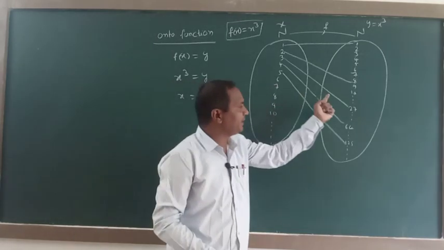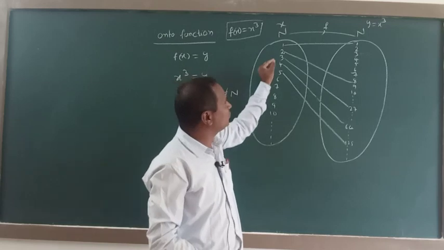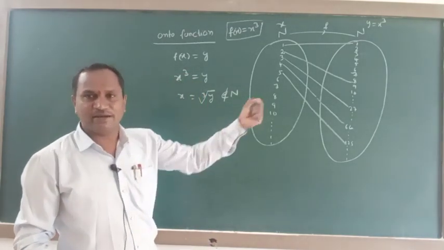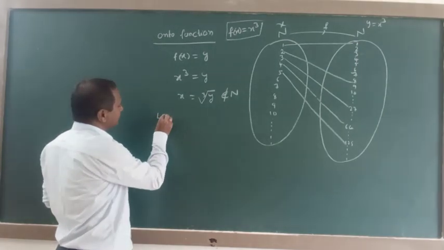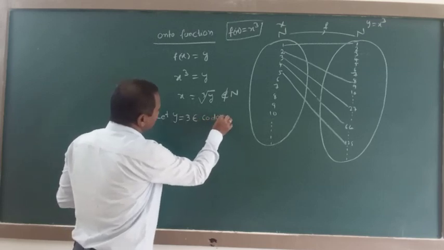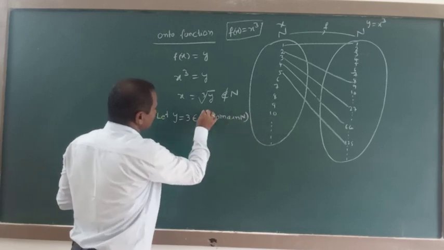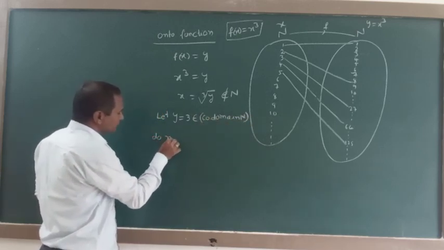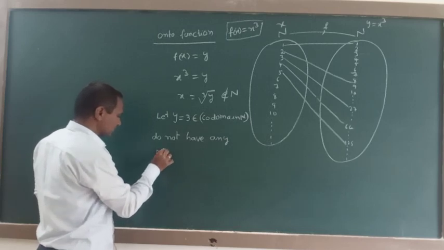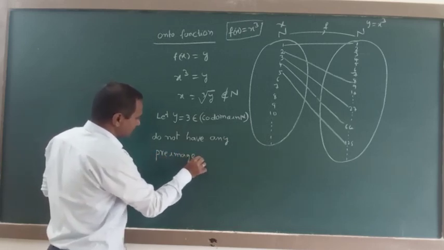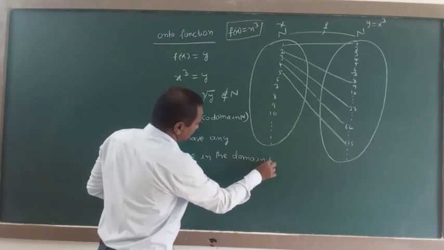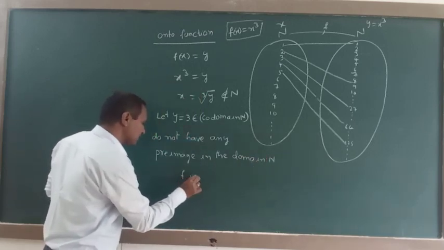As you wish, you can take any element that is not associated with any element of domain capital N. Let y is equal to 3 belong to codomain N. Codomain N does not have any pre-image in the domain capital N. Therefore, f is not an onto function.